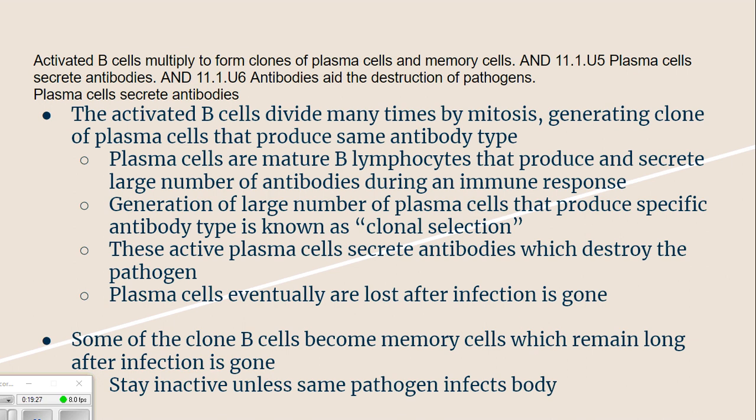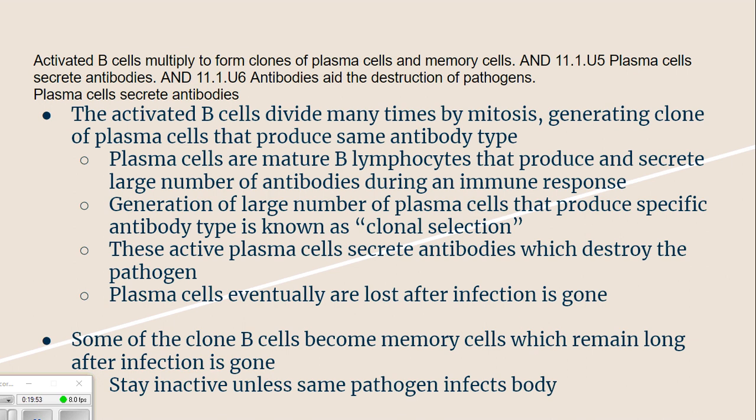And so generation of a large number of plasma cells that produce a specific antibody type is known as clonal selection. Basically, this one B lymphocyte has been selected to undergo mitosis, and when it undergoes mitosis, it is essentially producing a clone of itself. So it's been selected to clone itself, clonal selection.